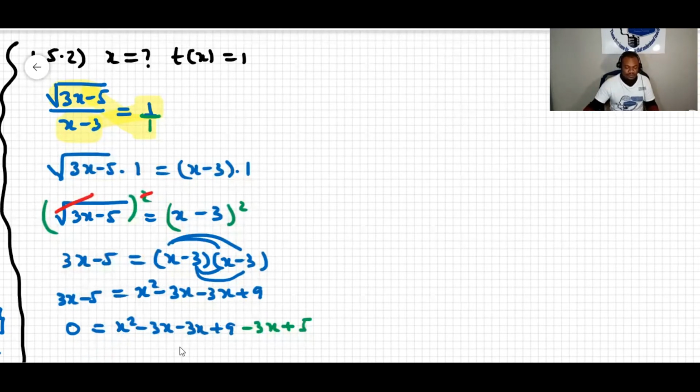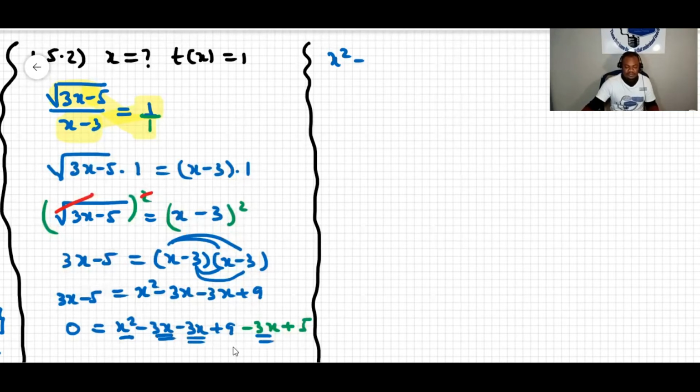So let's split this. We write x squared, because there's only one term that ends with x squared, and the terms that end with x, they are like negative 3x and negative 3x, which form negative 9x, and then 9 and 5 makes positive 14, and that's equal to 0.